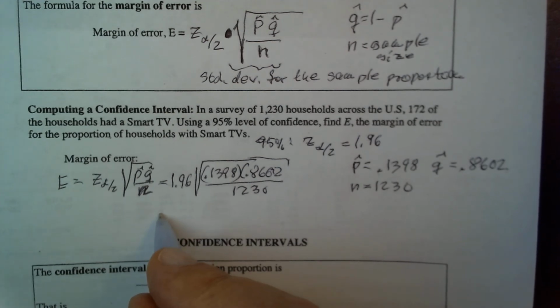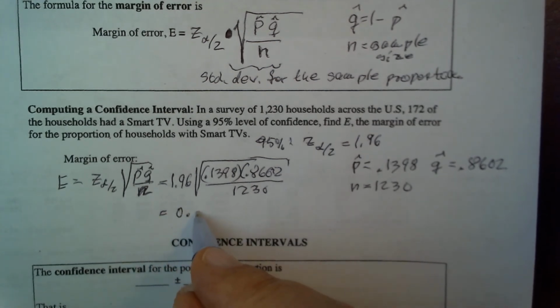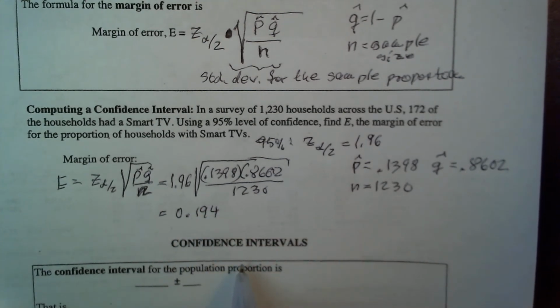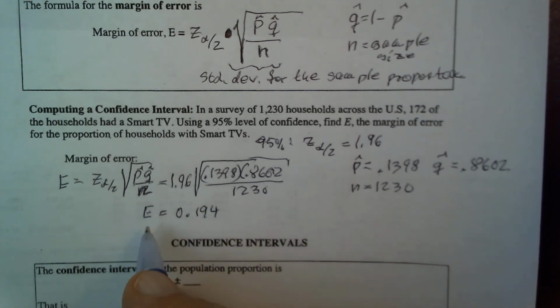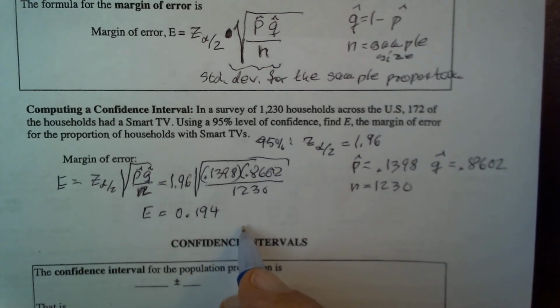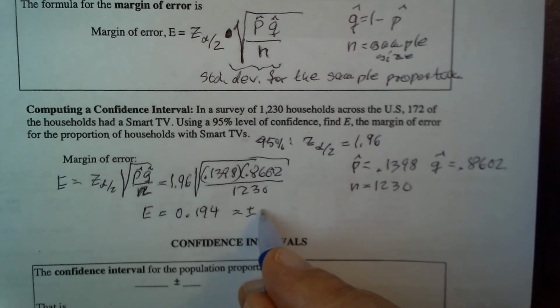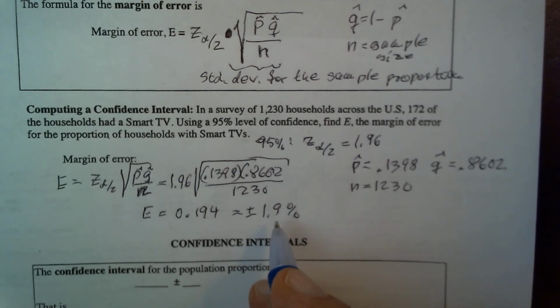And when you calculate this correctly, this comes out to 0.0194. So then that's our margin of error. We can say that's plus or minus 1.9%, roughly speaking.